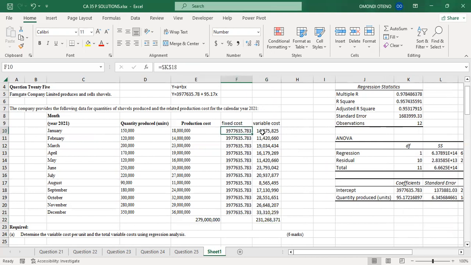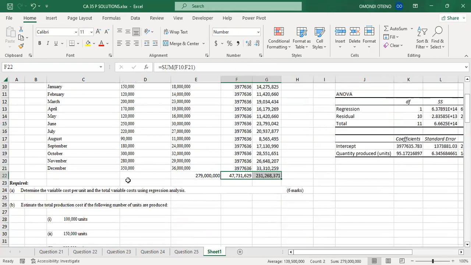So if you add these two, you will be able to get the total production costs, which was already given down there. So that's what you are expected to do in Roman A of that question.